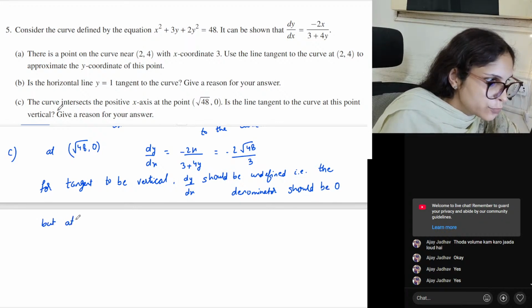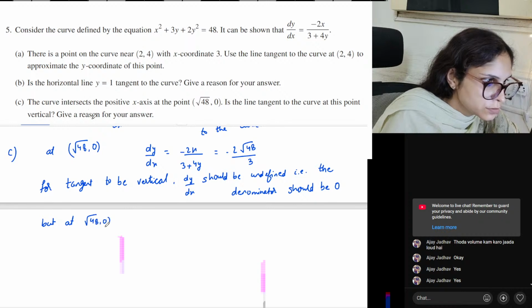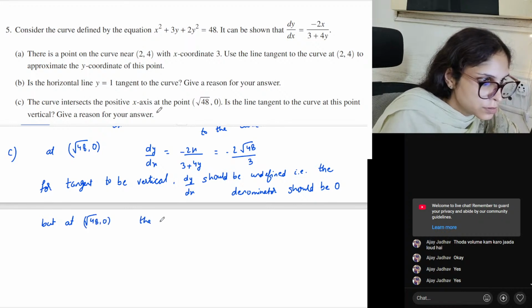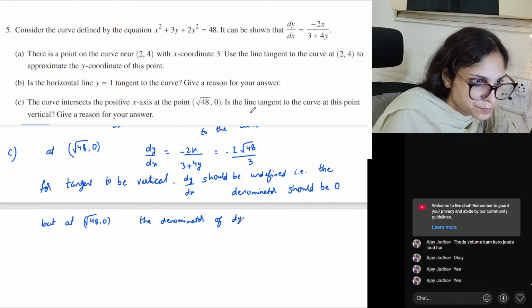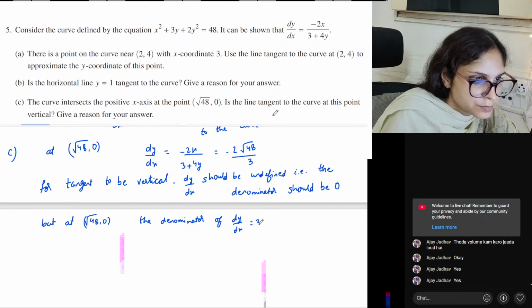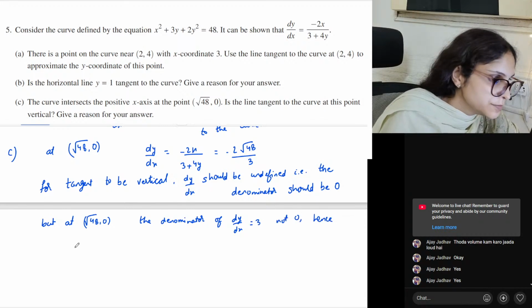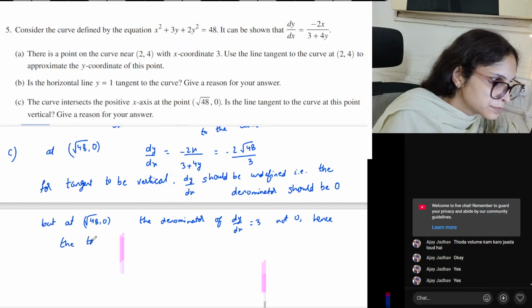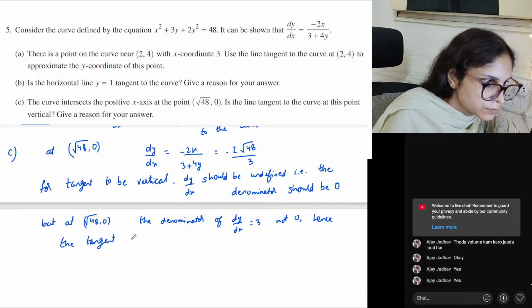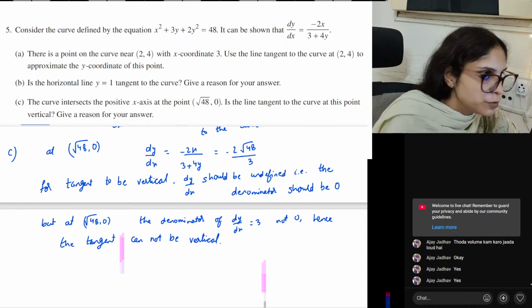But at square root 48, 0, the denominator of dy over dx is 3, not 0. Hence, the tangent cannot be vertical. So that is the entire solution for part C.